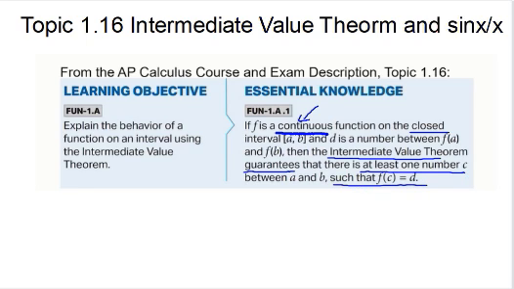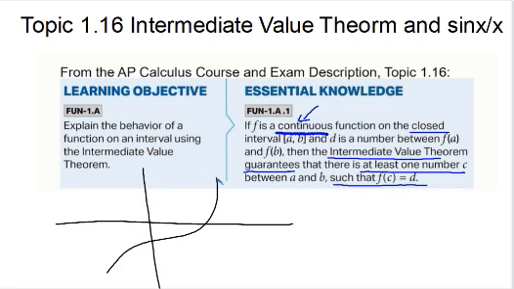What are we talking about here? Well, we've covered the intermediate value theorem in pre-calculus. Basically, if you have this function, and here's a, down here is f of a, and over here is b, and up here is f of b, this function assumes every single y value between f of a and f of b.